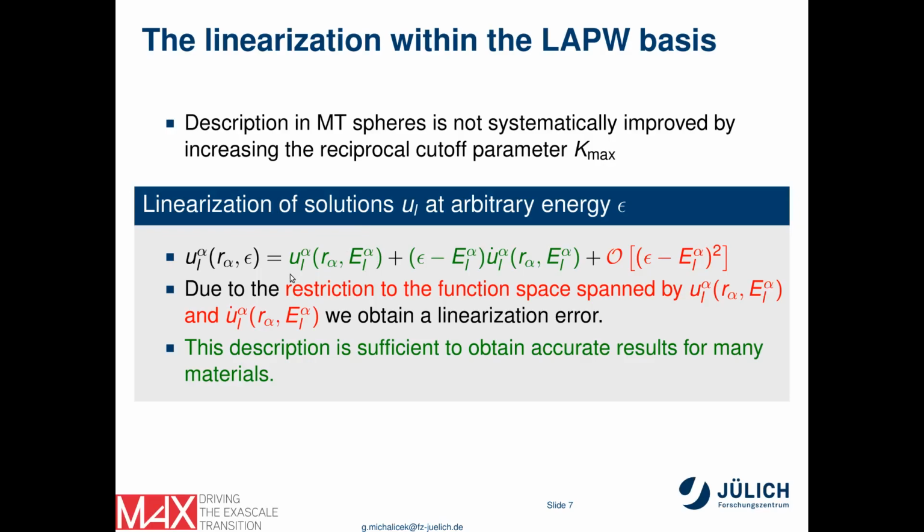And then you see we have this term with the UL and we have this term with the UL dot, but we don't have higher order terms. So actually what we have is a good description in the neighborhood of this energy parameter, but if we go farther away from this energy parameter, our description gets less and less good.